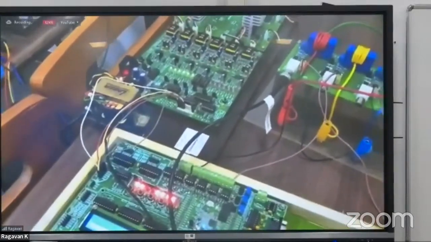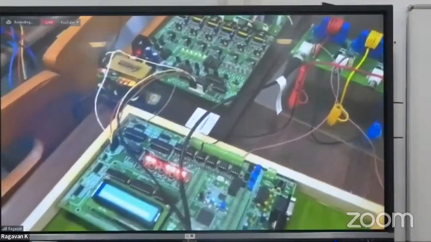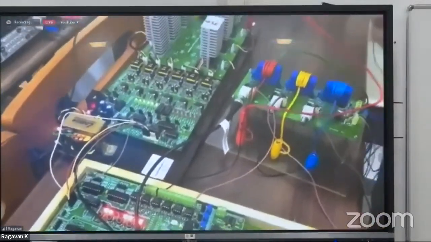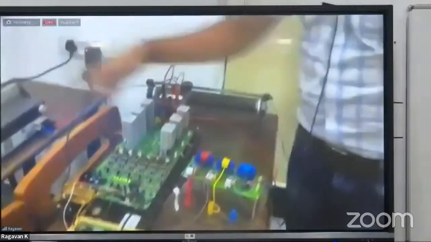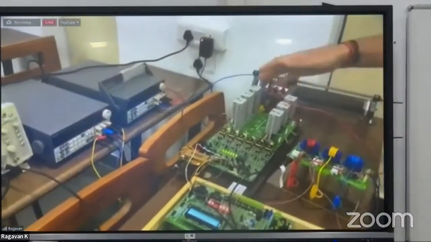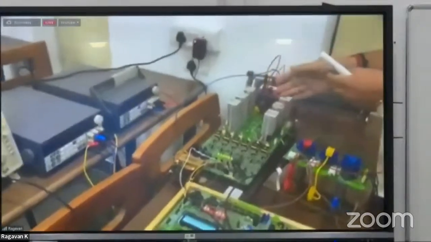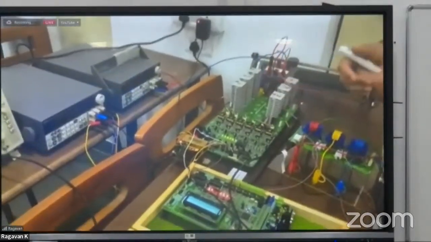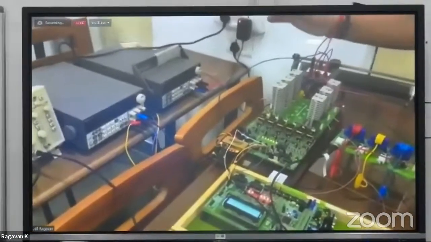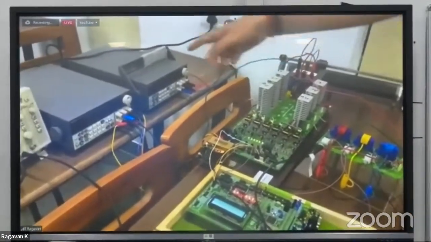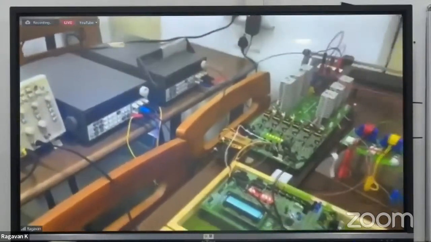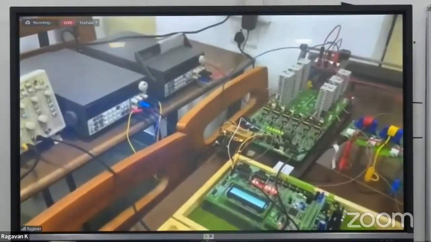Inverter block. I'm getting from this DC input to the VSC inverter card, converter card. I am applying 60 volt. Okay, so we are ready to run it.